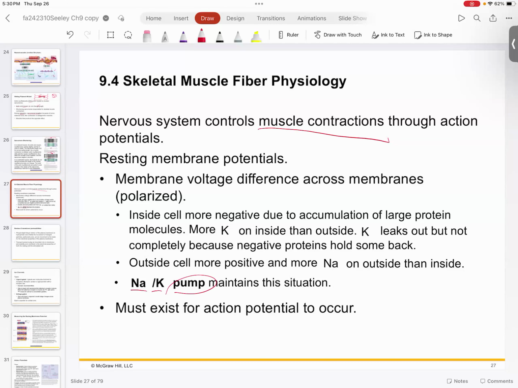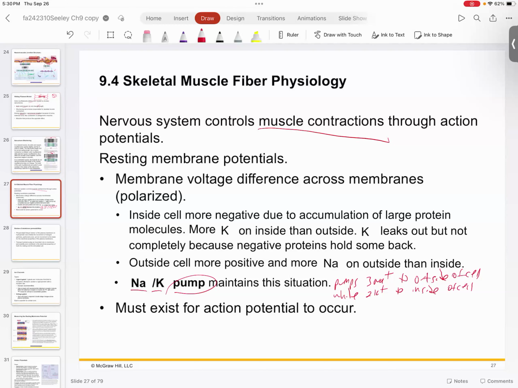Generally speaking, the sodium-potassium pump will pump 3 sodiums to the outside of the cell. But at the same time, because it's an antiporter, it'll pump 2 potassiums to the inside of the cell.